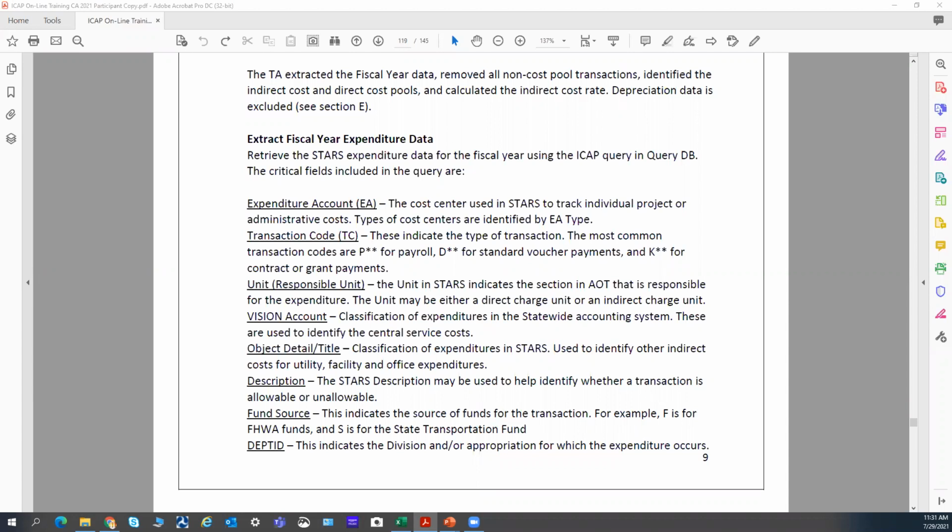Somebody that provides a service where individuals go out and do some sort of an activity or a task is far different from a manufacturing or a product producing organization. So pretty much all the ICAPs that you see are going to have a different look to them. They're going to be different.